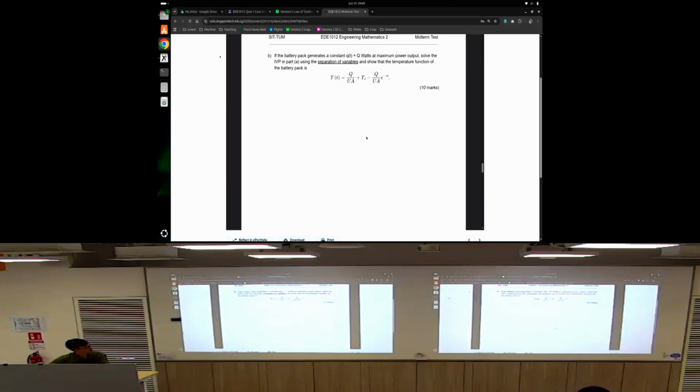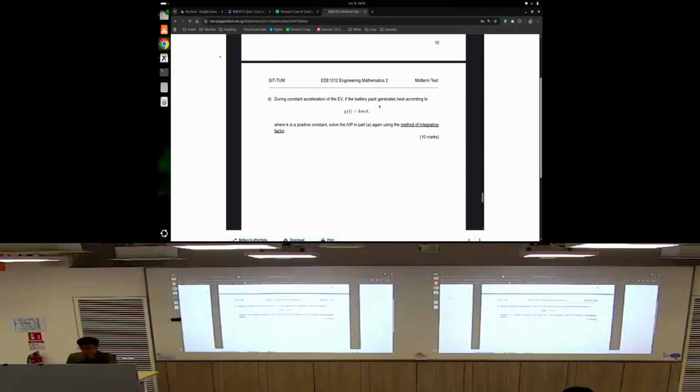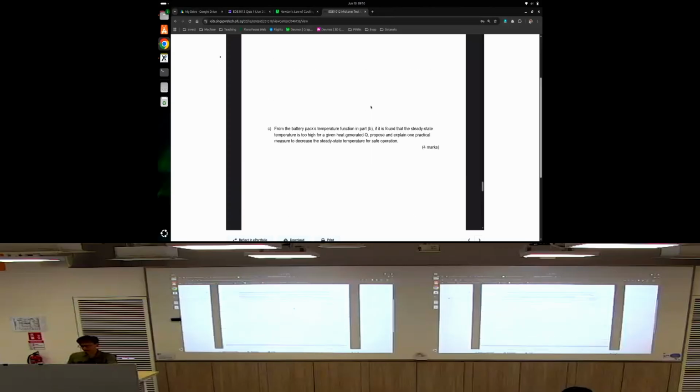Maybe you can't solve to get it, but the solution has been given, so you can analyze it and answer the question accordingly. This is testing your interpretation of the mathematical solution in the context of solving the actual problem. So this is the past year midterm.